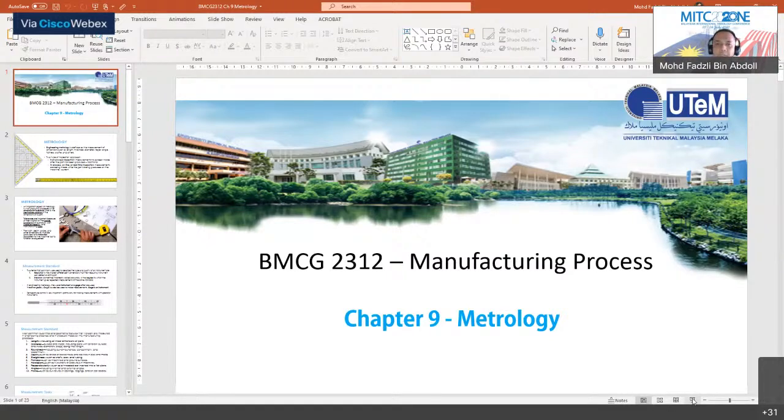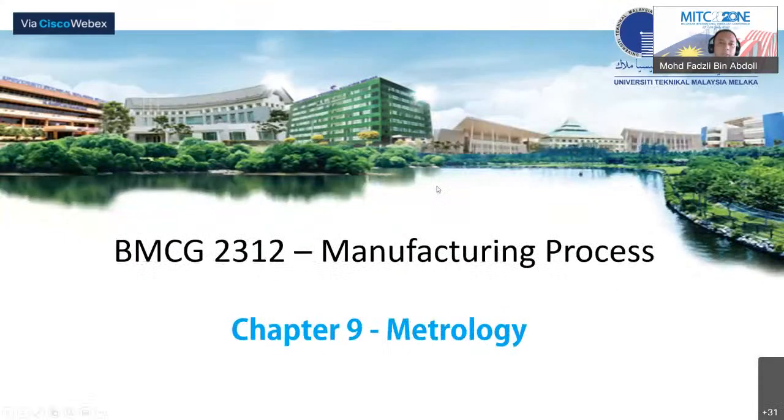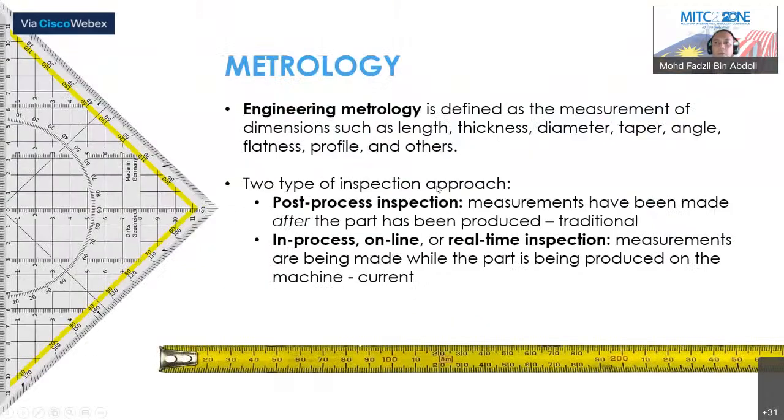In correct term, engineering metrology is defined as the measurement of dimensions such as length, thickness, diameter, taper angle, flatness, how flat the surface is, and profile, how the profile is.